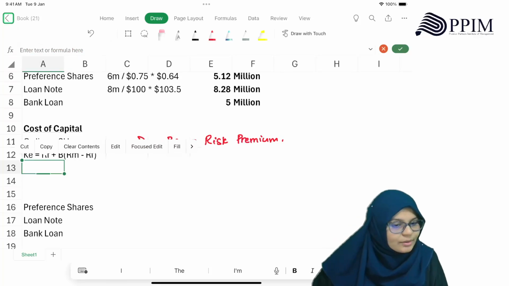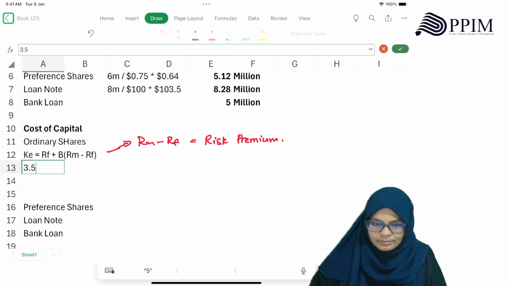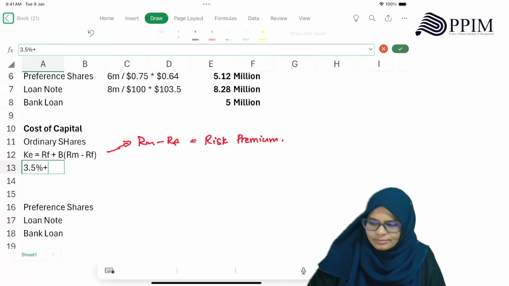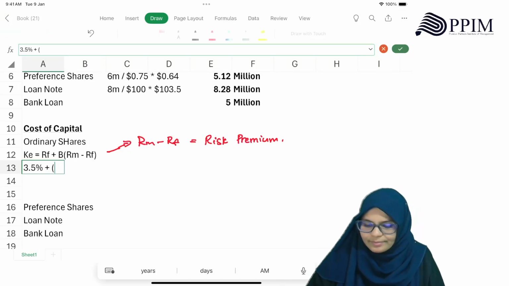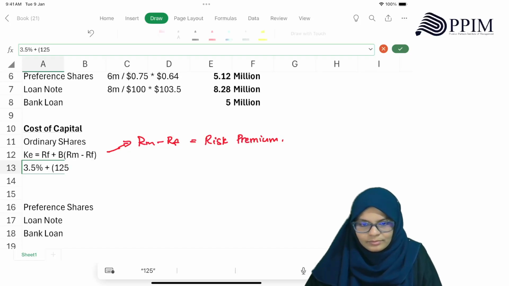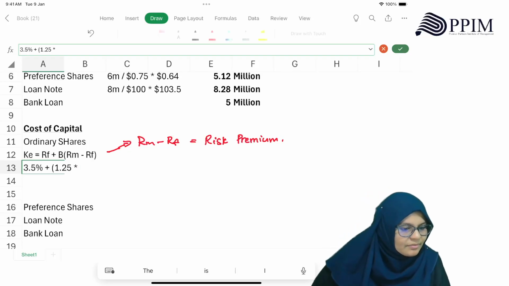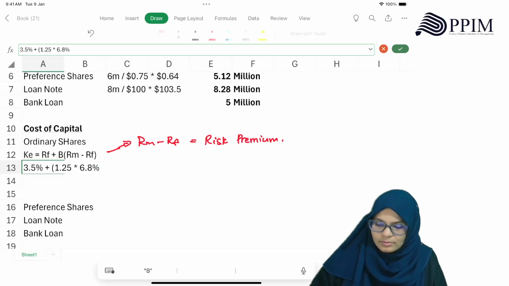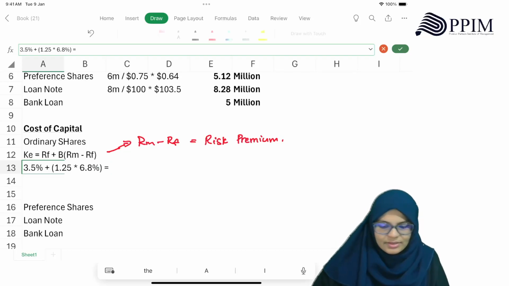So risk free rate was 3.5%. Plus beta, which is 1.25. Multiplied by the premium, which is 6.8%. That will give me KE, which is 12%.